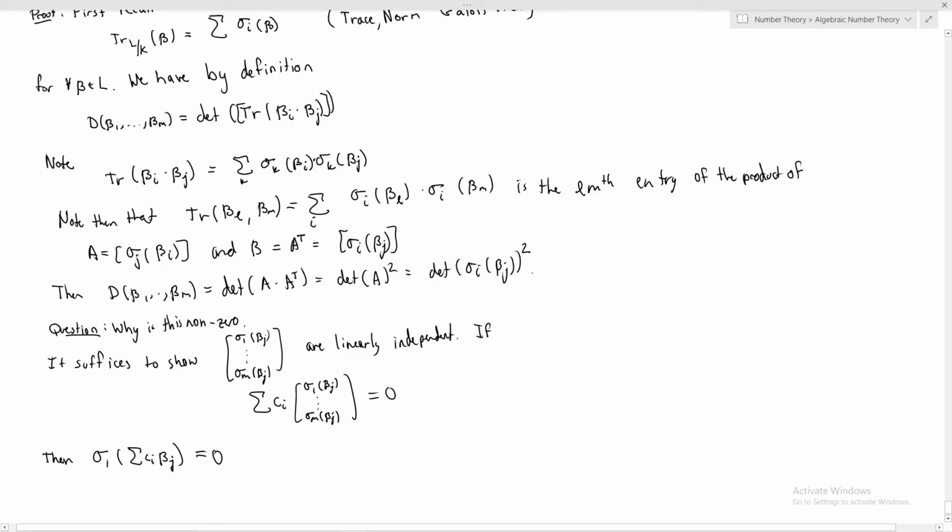These should match: it should be a sigma, c sub j, and the beta sub j should match because this should be a sum over j. And this should be sigma sub I, and this guy is equal to 0 for all I between 1 and m. So essentially I've got some linear combination of my basis which is in the kernel of all these sigma sub i's.